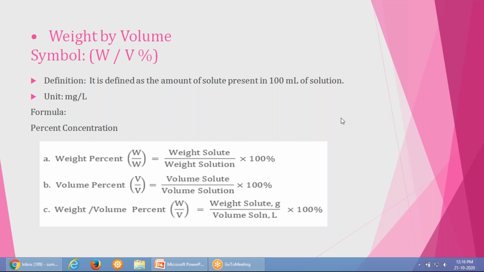So what is the solution? 70 into 250 ml solution divided by 100. What do you get? 175 ml.